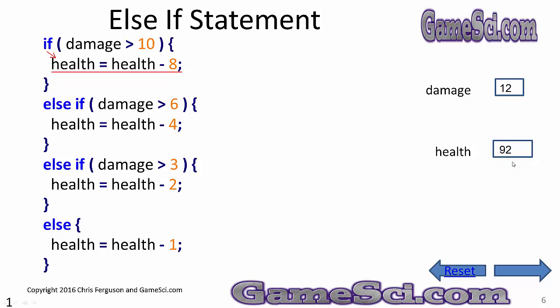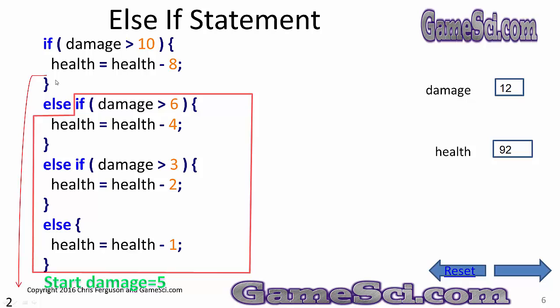Now, what happens after we execute an if portion of an if-else statement? It skips the else. Now, what you have to understand is that this if is attached to that else. So if this if is true, we have to skip this else. What you may not see is that all of this code is part of that else. Remember, if there's one and only one statement after the else, you don't need curly braces.